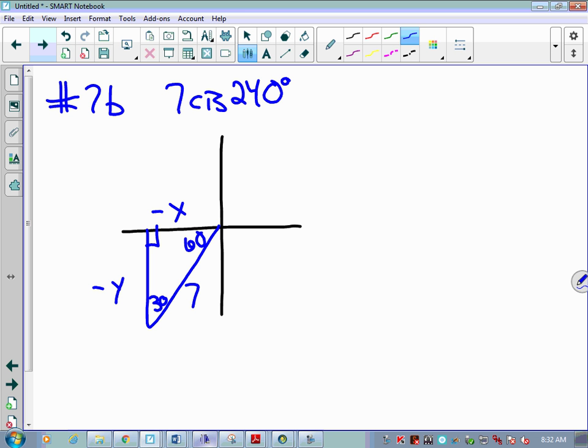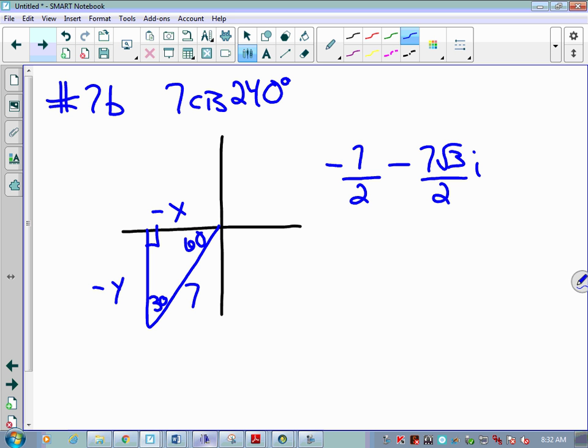What's opposite of 30 is going to be my x, and because it's a 30-60-90, my 30 side is half of my hypotenuse, so I should get -7 divided by 2, right? And then for my y, that's the opposite of 30 times radical 3, so I should get -7 radical 3 over 2 i.